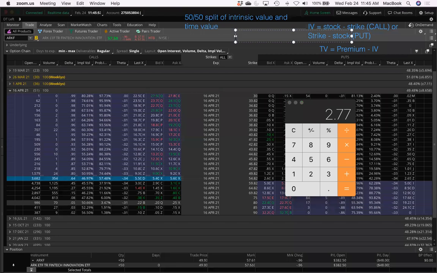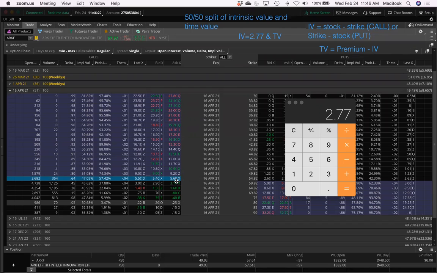So let's do that math real quick. The IV here equals $2.77. So now in doing the math, if the IV is the difference between stock and strike, then the TV, time value, is the difference between the premium minus the intrinsic value.